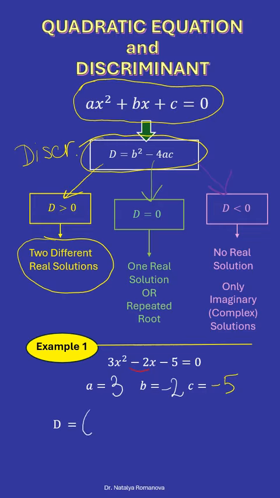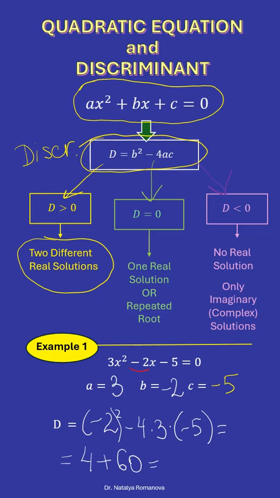So negative 2 squared minus 4 times 3 times negative 5 equals negative 2 squared, it is 4. Negative 4 times 3 times negative 5 gives us plus 60, equals 64. 64 is a positive value greater than 0.